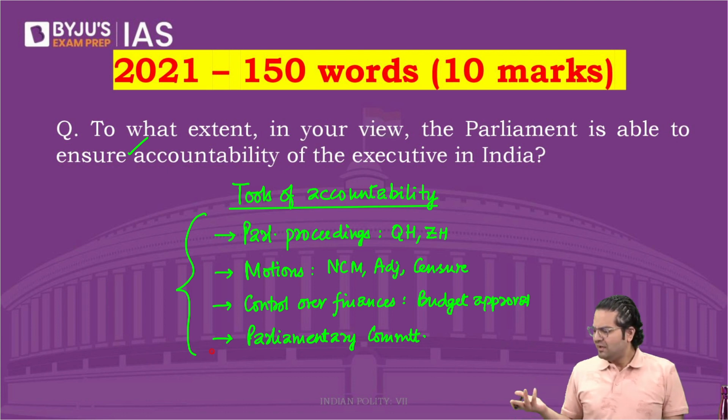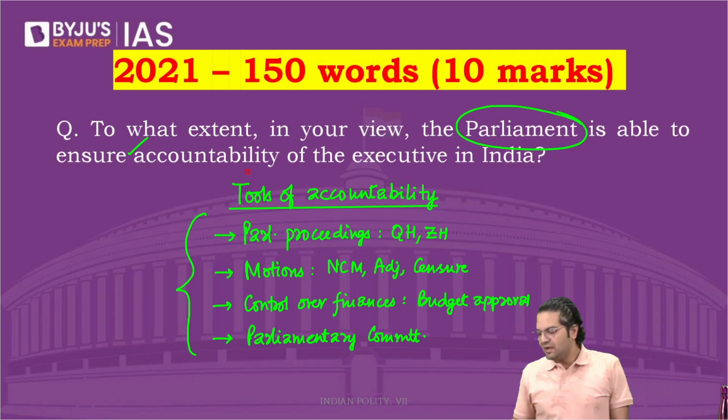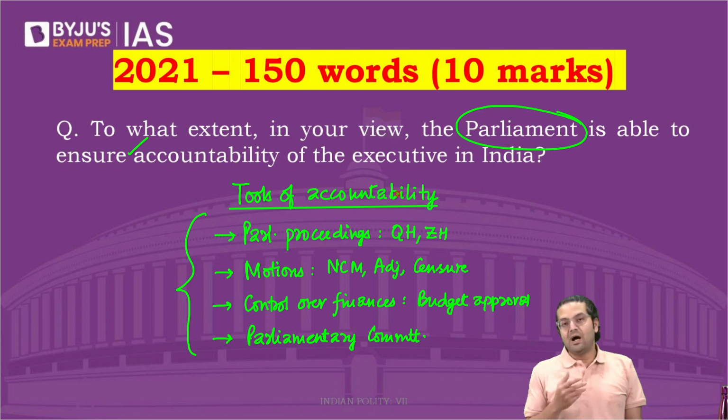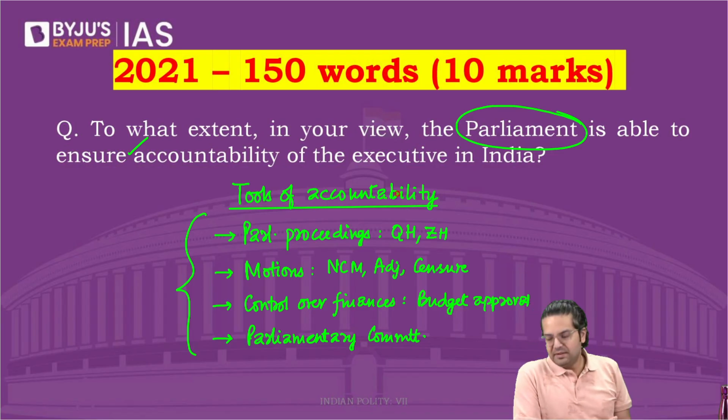Guys, what are you writing? Random things here and there. Parliament is able to. Don't write RTI Act, CVC, etc. Is CVC Parliament? So what are the tools to ensure the accountability of the executive? How is the executive kept in check by the parliament?